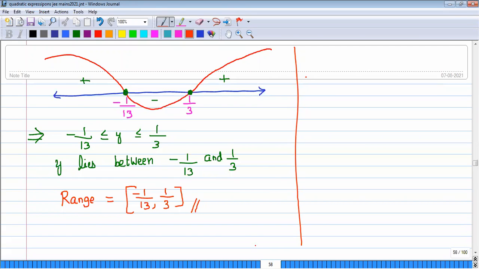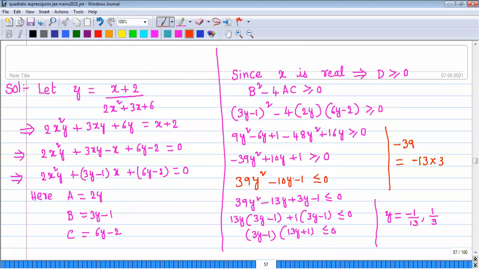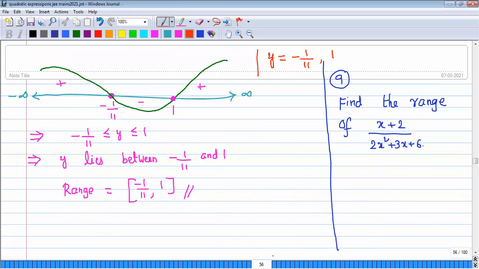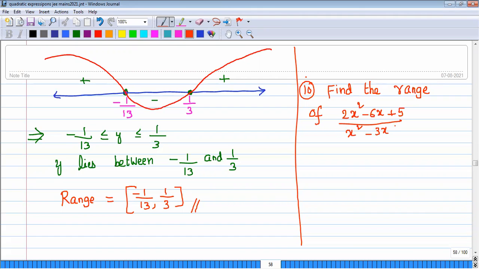So next question. 10th question. Find the range of 2x square minus 6x plus 5 upon x square minus 3x plus 2.